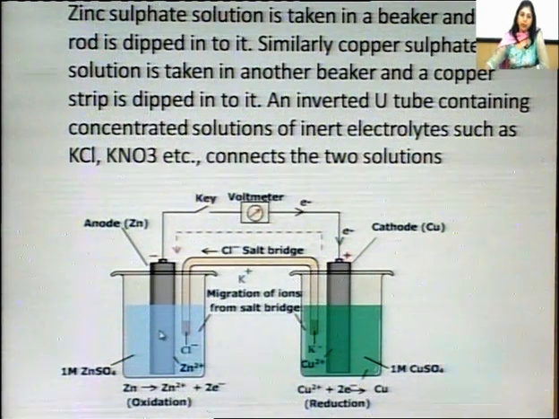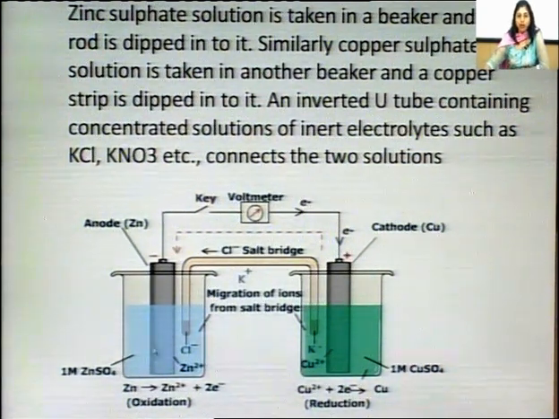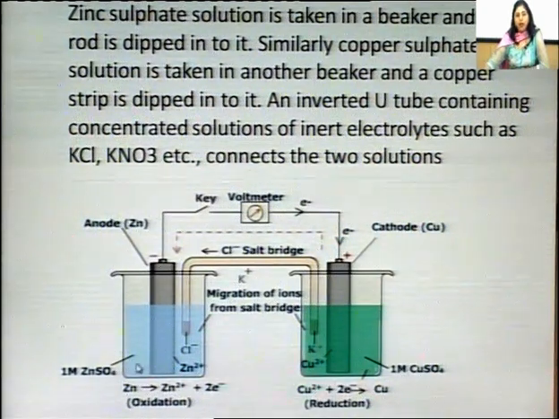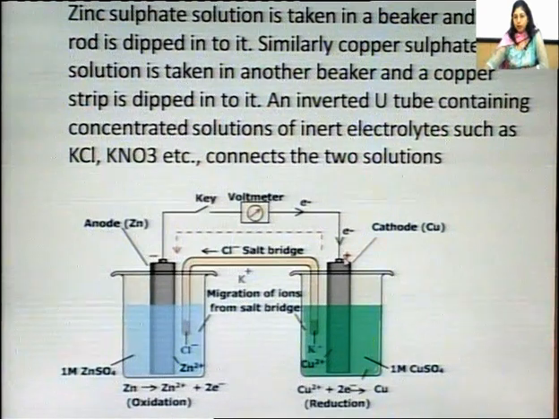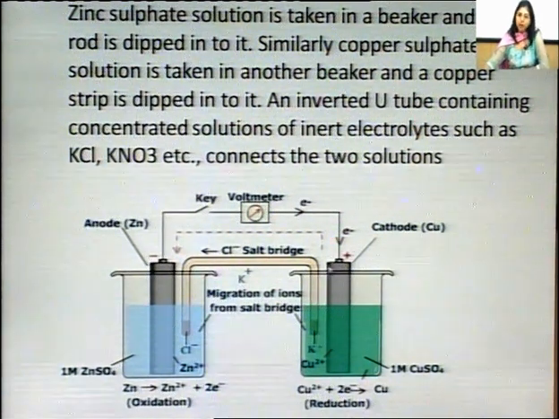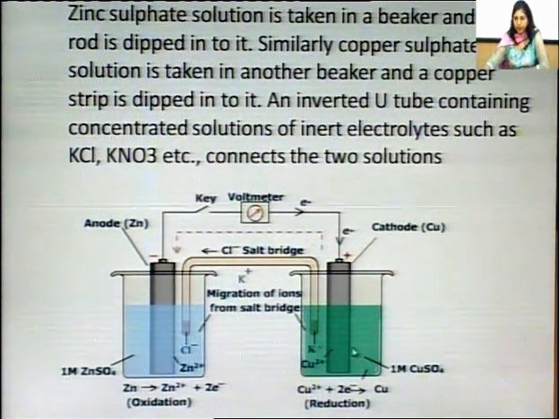As we have said, zinc loses electrons, so the zinc ions will move into solution while the electrons will flow to this side through these external wires. Here I have shown by arrows that the electrons are moving towards this side.